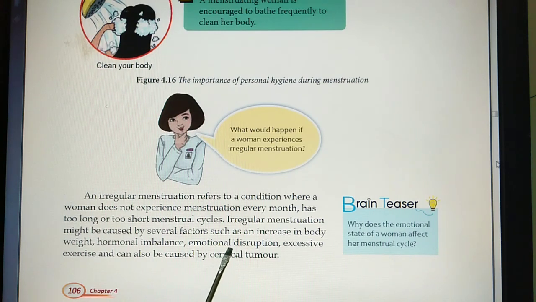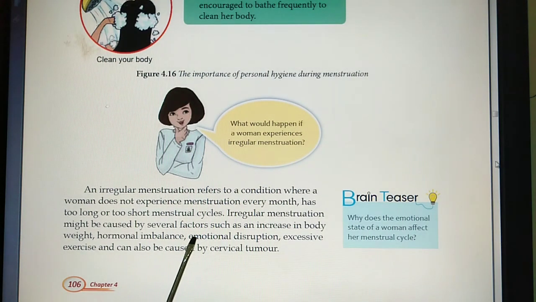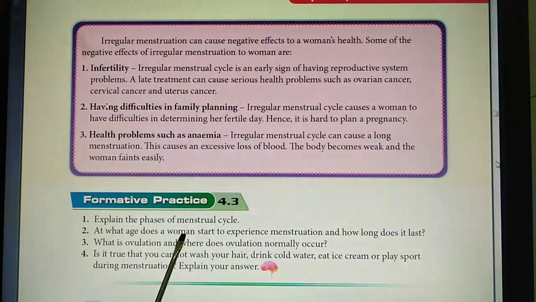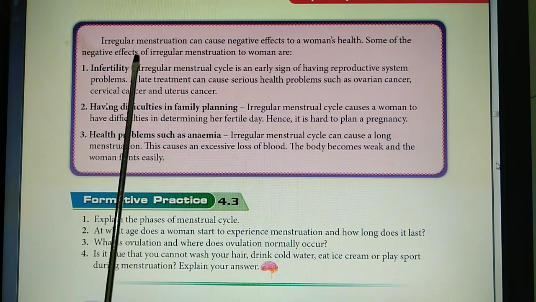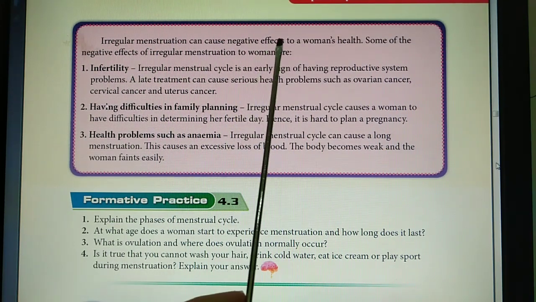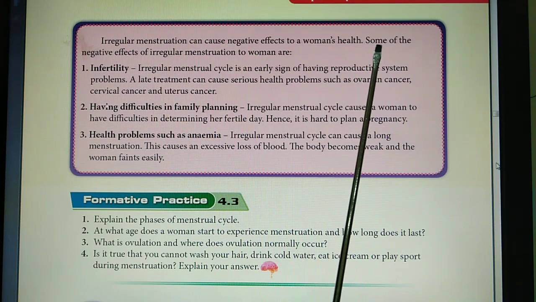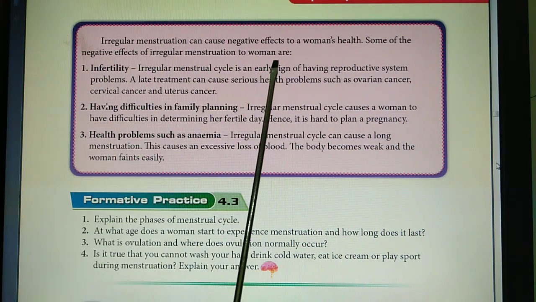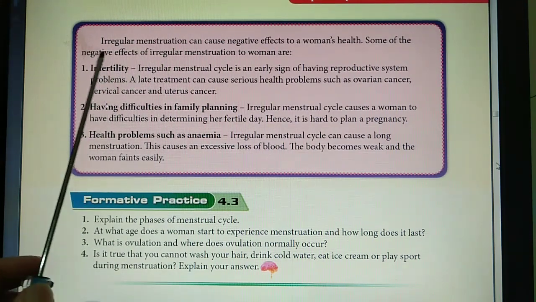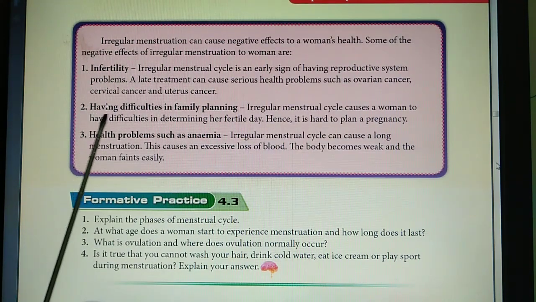So now, what is the effect on a woman's body when they have irregular menstruation? From here we can see irregular menstruation can cause negative effects to a woman's health. Some of the negative effects are, number 1, infertility. Number 2, having difficulties in family planning.